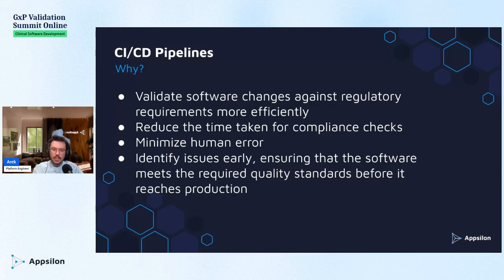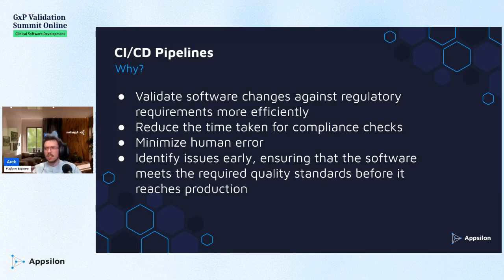We can define CI as the practice of frequently integrating our changes into our Git repository. When we are introducing those changes, we are automatically running checks that are validating our code, right? So it can be building, it can be automated tests, whatever we want.